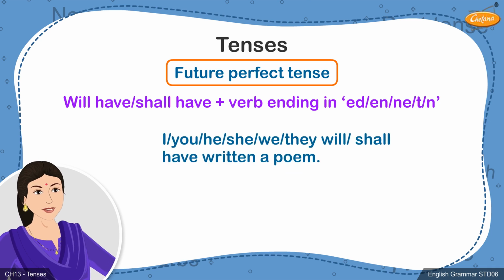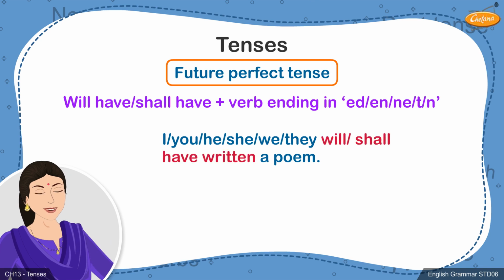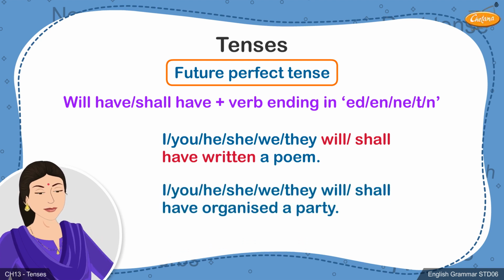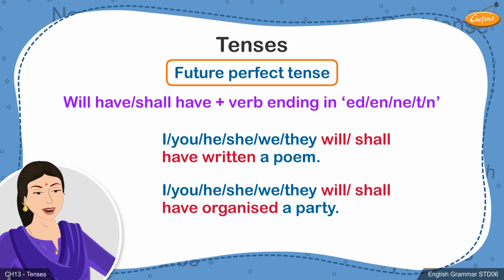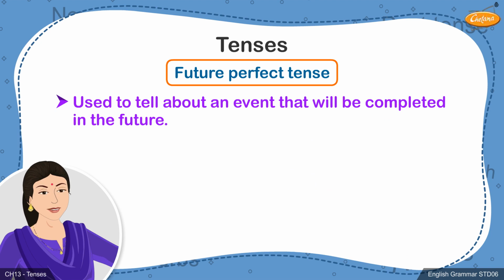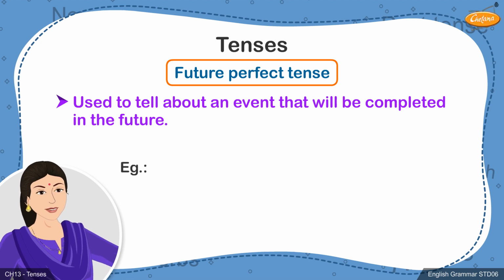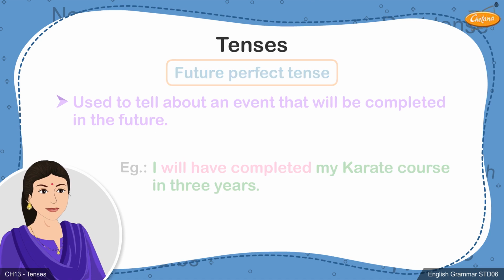I or you or he or she or we or they will or shall have written a poem. I or you or he or she or we or they will or shall have organized a party. It is used to tell about an event that will be completed in the future. Example, I will have completed my karate course in 3 years.